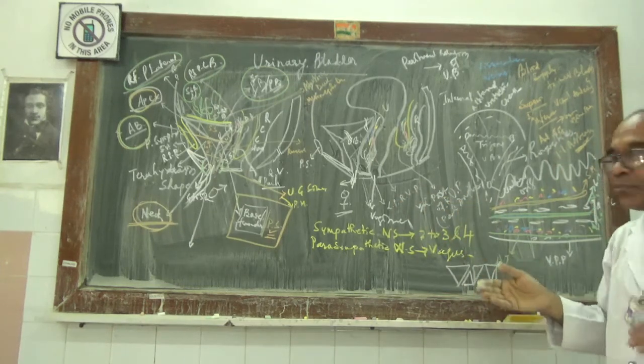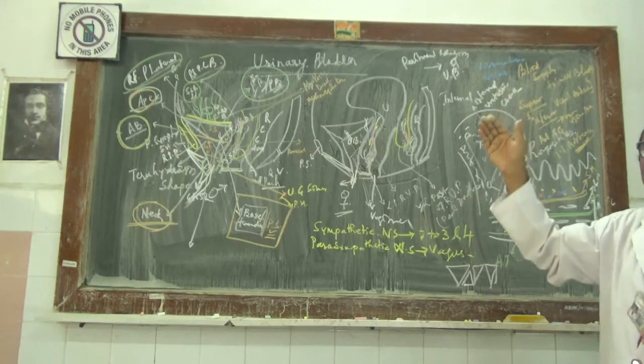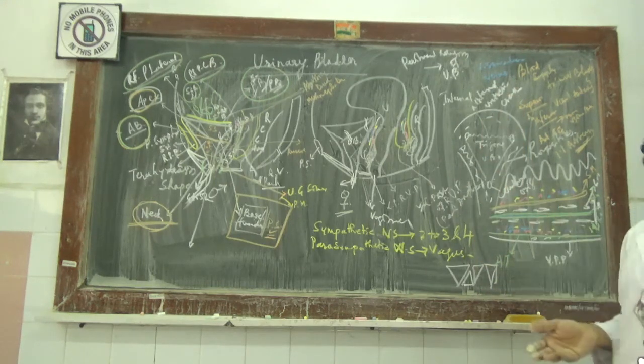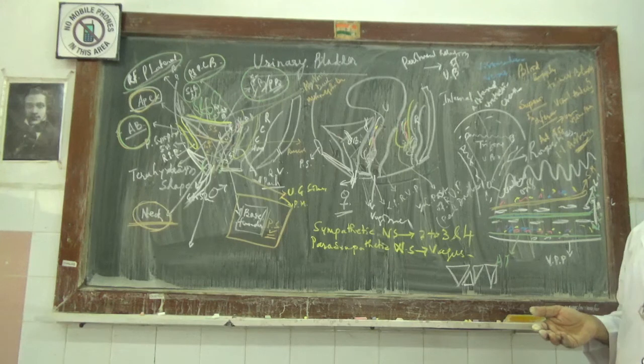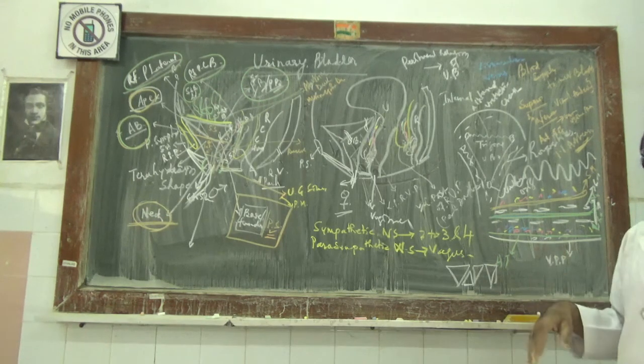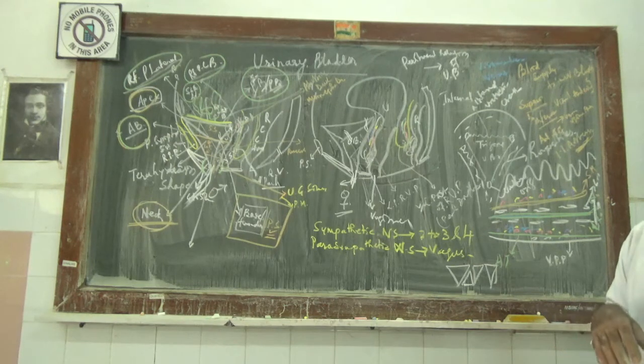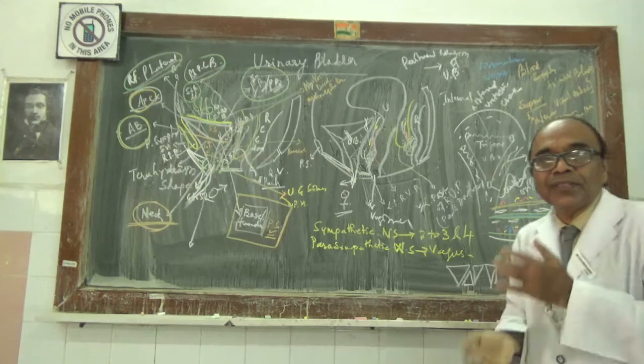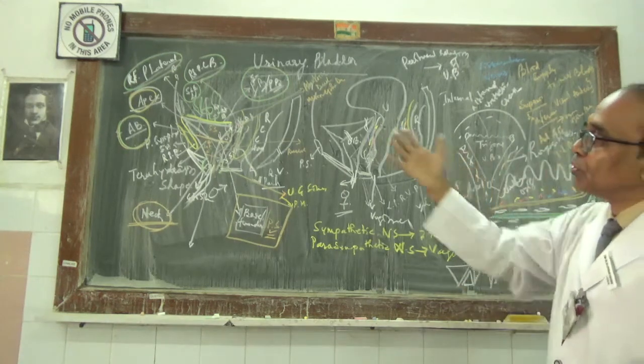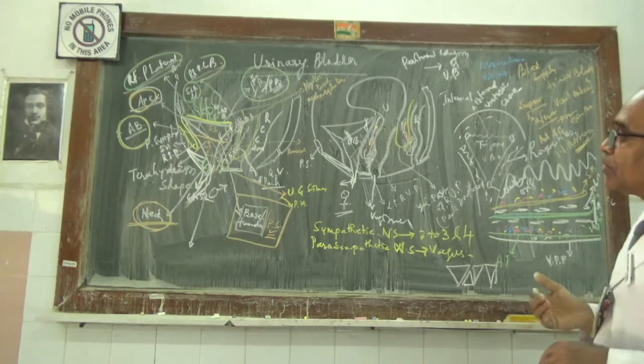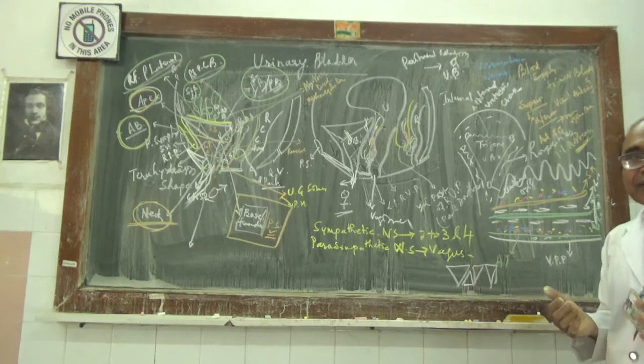All these are either by mesoderm, or partially by endoderm. So this is the development of the urinary bladder.